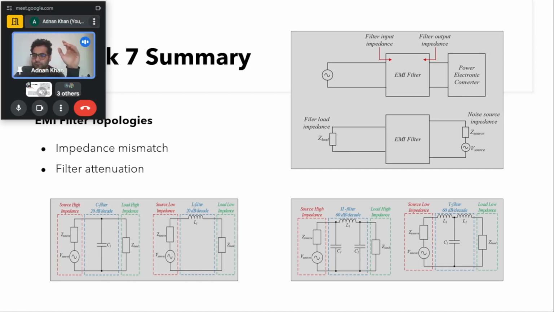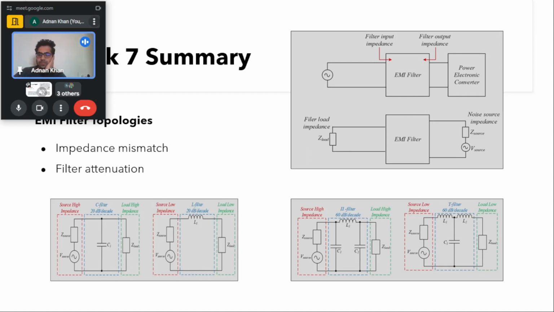In a similar fashion, if we have a low impedance at the source and a low impedance at the load, then this filter should have a high impedance, so that it can limit this EMI from the source to the load, so that this EMI is not getting propagated from the source to the load, because this filter will then provide a high impedance to this EMI and filter out that EMI.